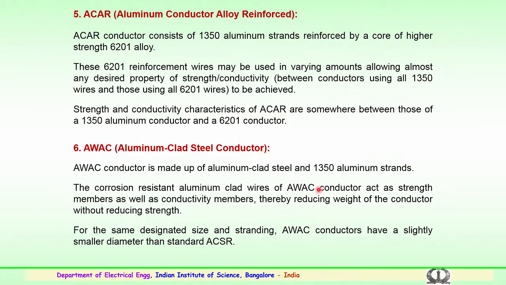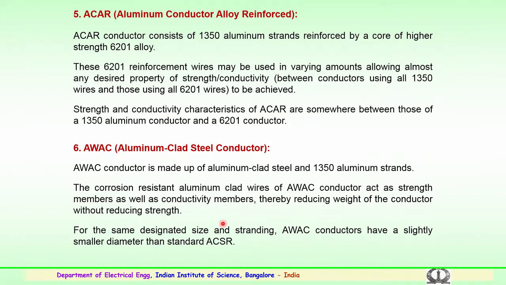The sixth is aluminum clad steel conductor, ACSR-AW. It is made up of aluminum clad steel and 1350 aluminum alloy strands. The corrosion resistant aluminum clad wires of this conductor act as strength members as well as conductivity members.